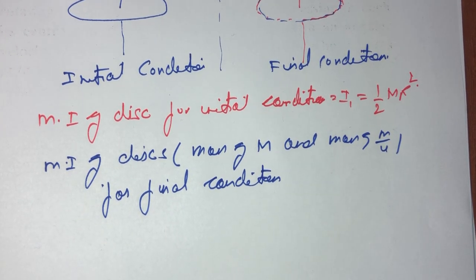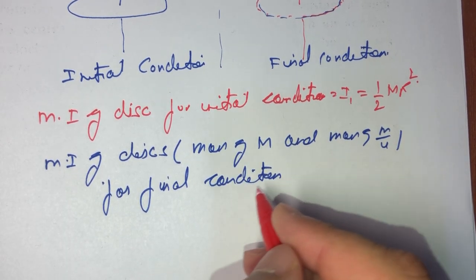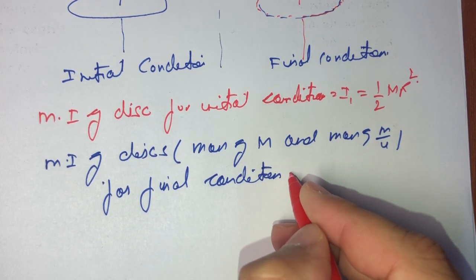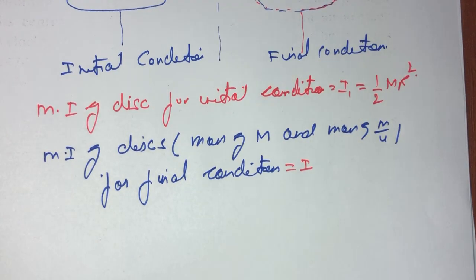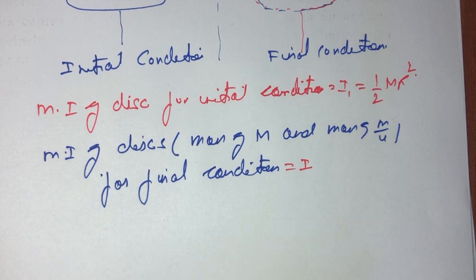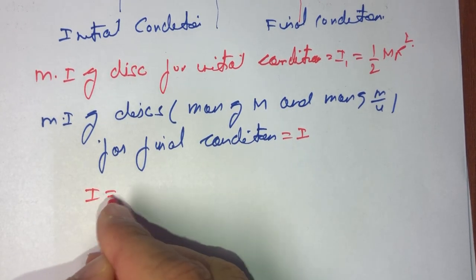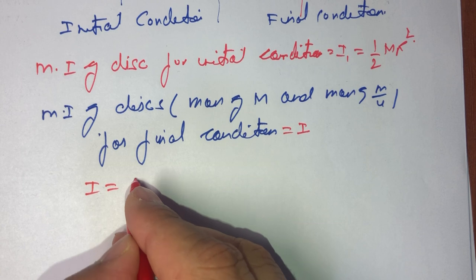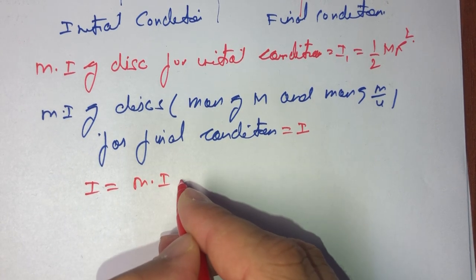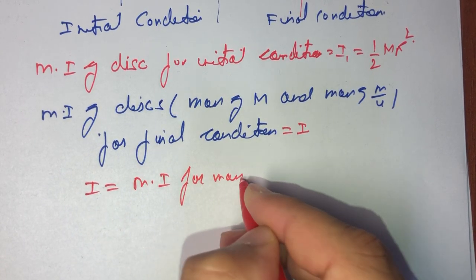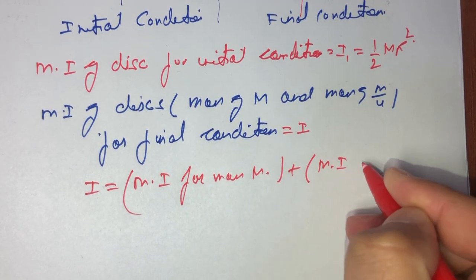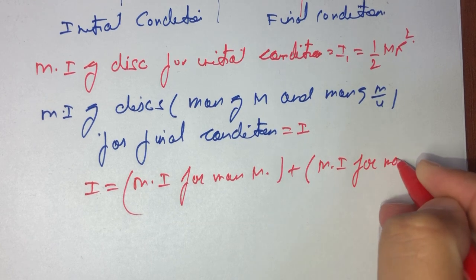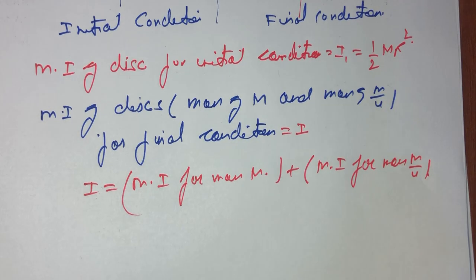So in this case, let the moment of inertia of both the disks combined be I, and I will be equal to the moment of inertia for mass m plus the moment of inertia for mass m by 4.